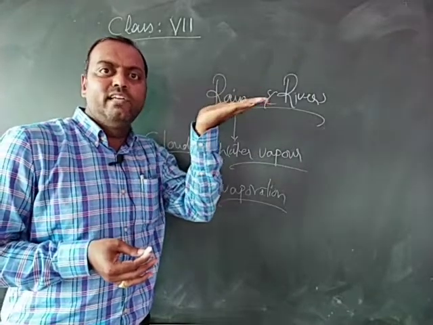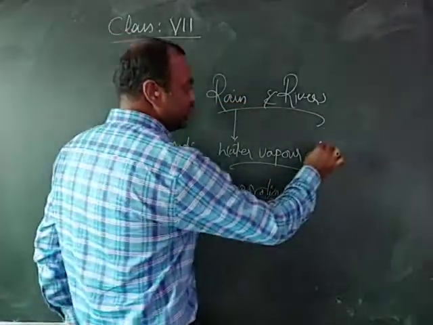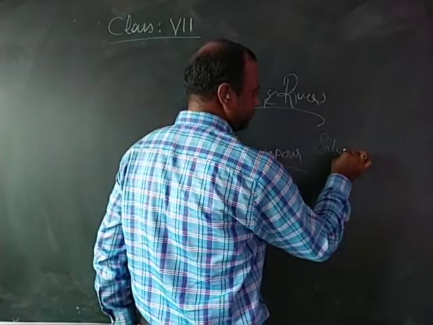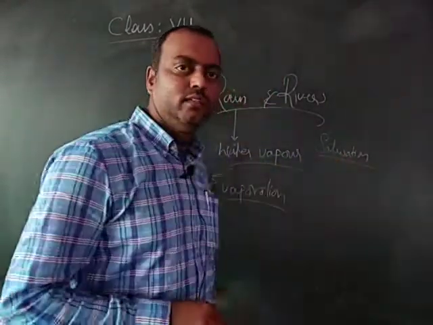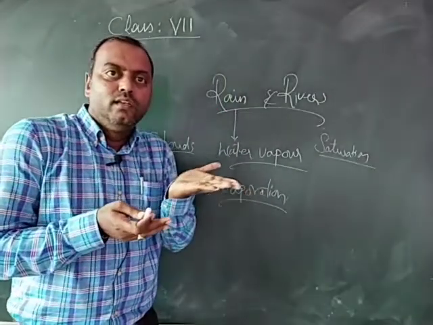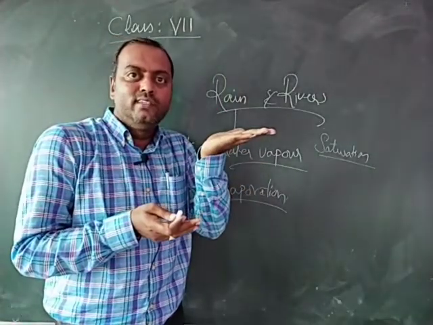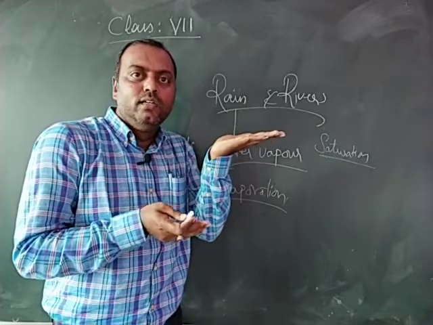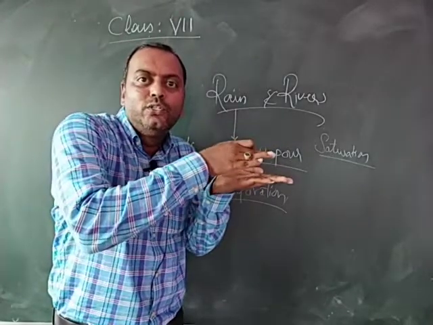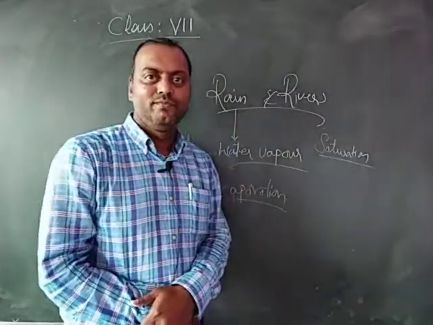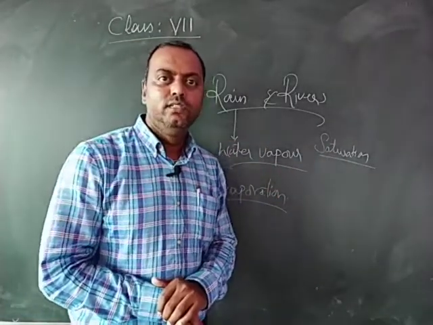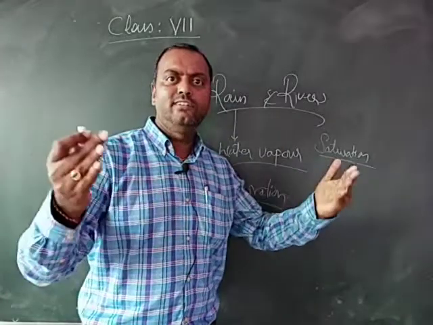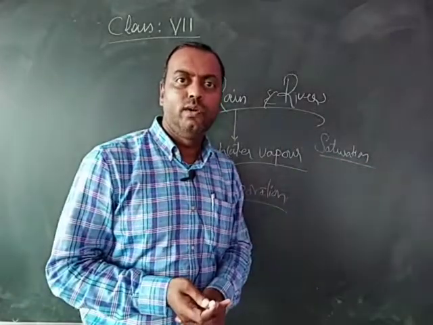These clouds further rise up, and as they reach a point called the saturation point, that means once the vapor reaches that point, it turns into droplets of water. Teeny droplets of water, lakhs and millions of droplets of water.